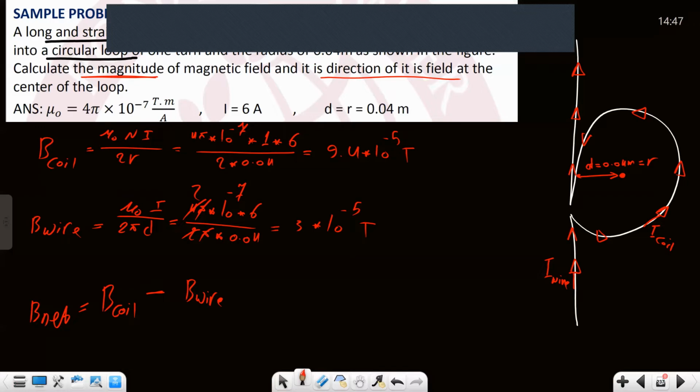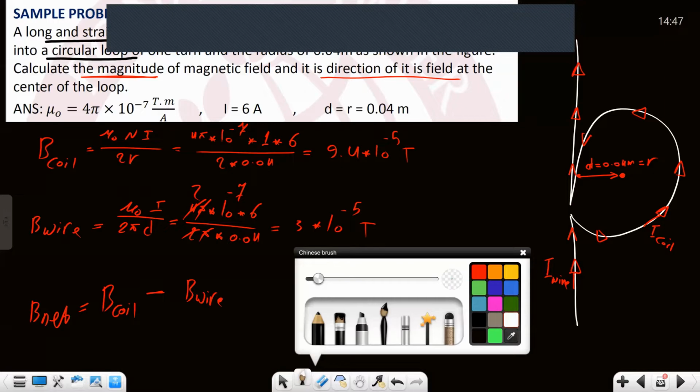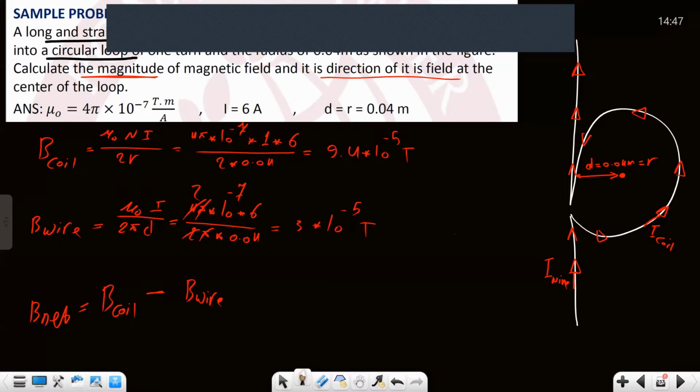For the straight wire, we said we're going to use our right-hand rule, and the forefinger is going to show us the magnetic field. So this is the direction of the current, and then the direction of the magnetic field. If I align my thumb according to that arrow, I will see my forefinger shows into the page. So B wire is into the page, which means -Z, right?